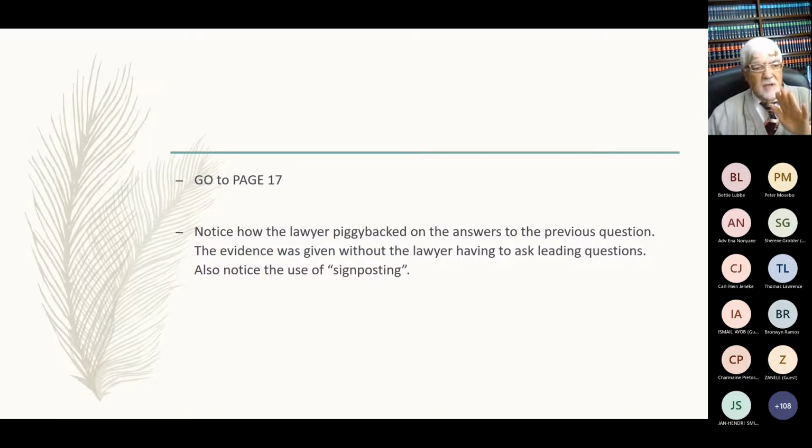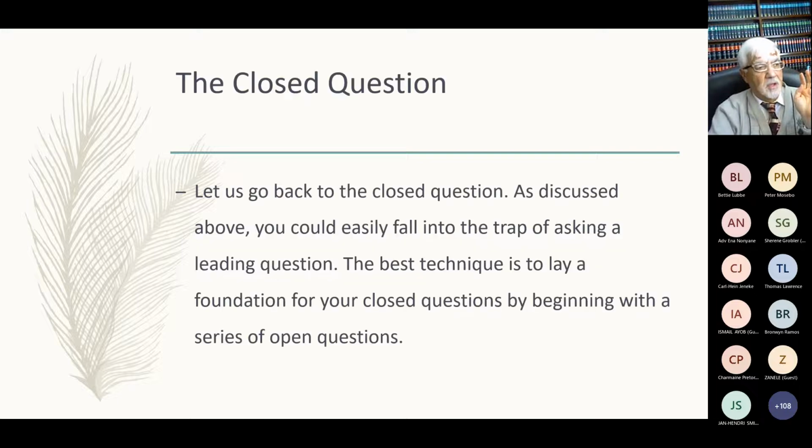The evidence is given without the lawyer having to ask leading questions. You'll also see that we used the signposting method each time. Okay. Now let's look at a closed question. I'll give you a break in a moment. Okay, a comfort break. I just want to finish this.